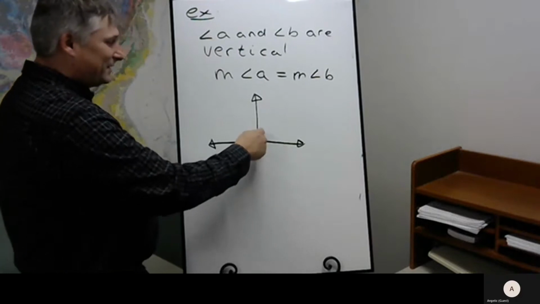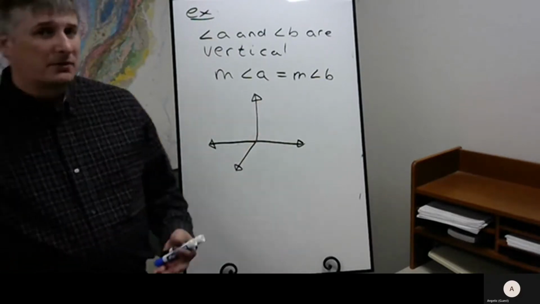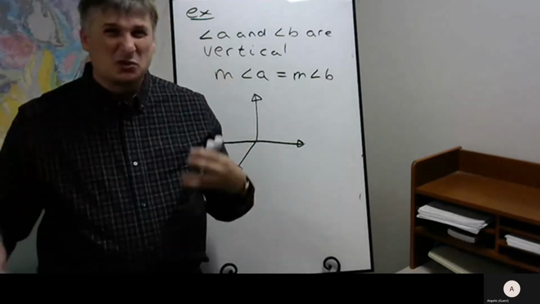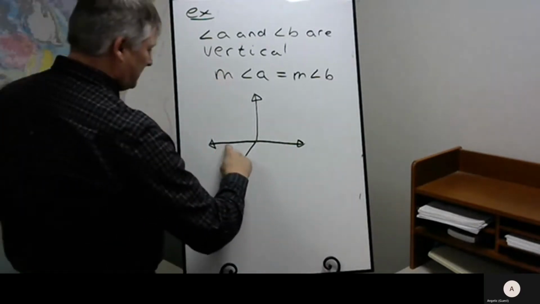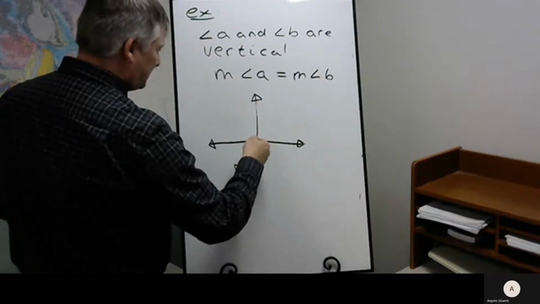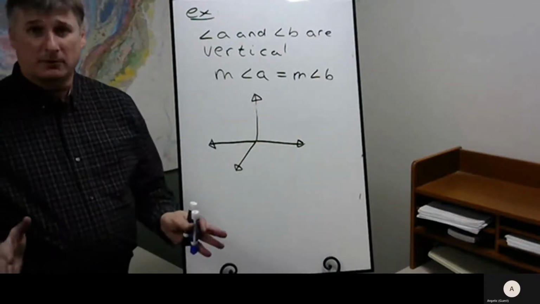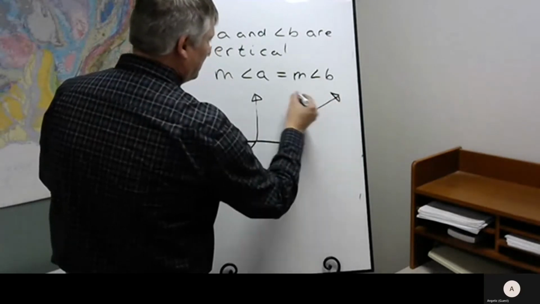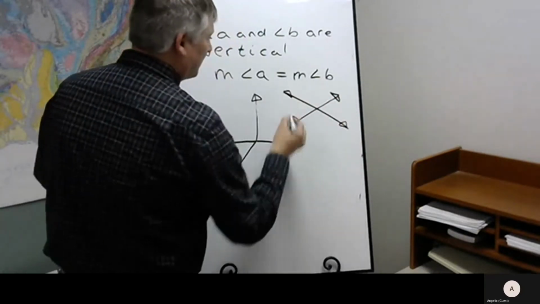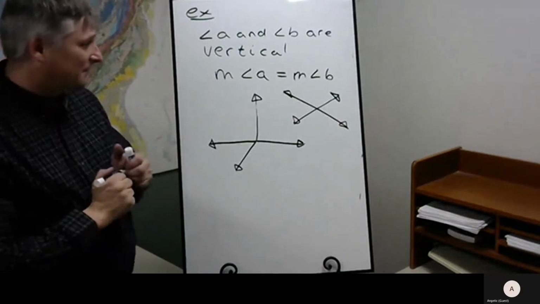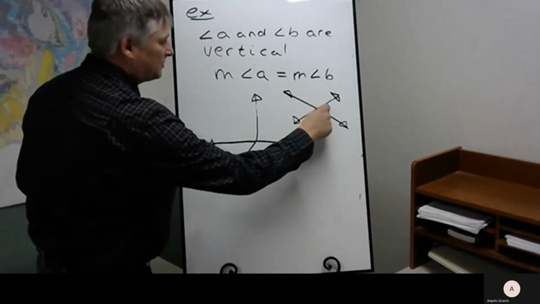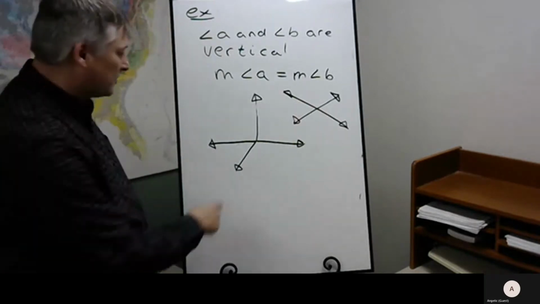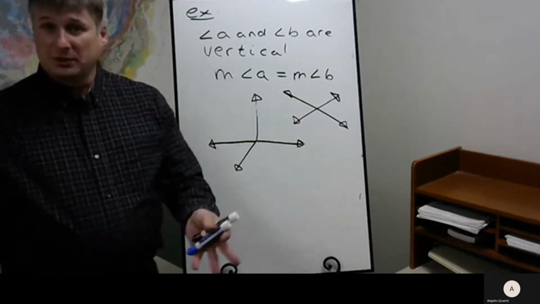This has got this little bend in it. This situation of vertical angles is only true if you have two lines without any bends or breaks. So this is a line, but with this bend, the rule doesn't work anymore. It has to be the kind of situation where you have a line and a line with no bends or breaks. So in this case, these two would be equal and these two would be equal because there are no bends. When there's a bend like this, the rule doesn't work.